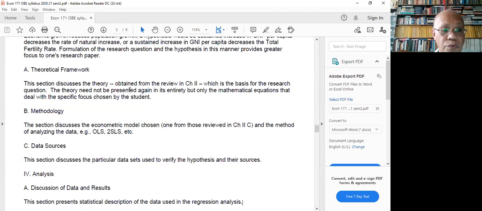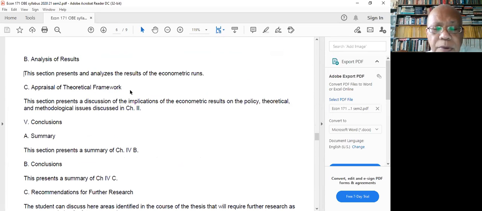Right, so chapter 4, analysis. In chapter 4's analysis, the first part is the discussion of data and results. Here, the first part is the statistical description of the data that you used in the regression, for every variable.